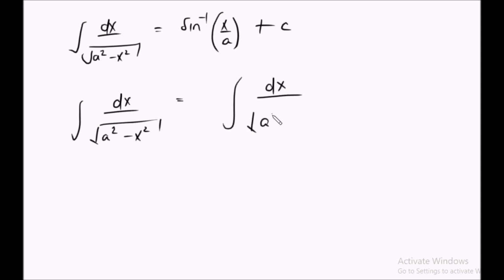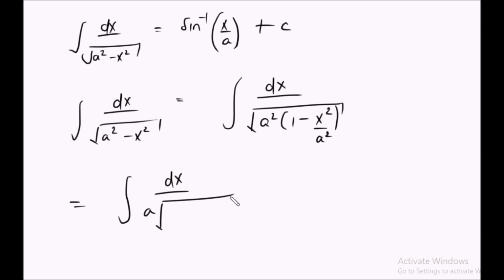So natoa a squared nje hapa, nabaki na 1 minus x squared over a squared kama hivi, si ndio? And then square root a squared ni a, kwa hiyo itabaki sasa dx over a, na 1 minus x squared over a squared.